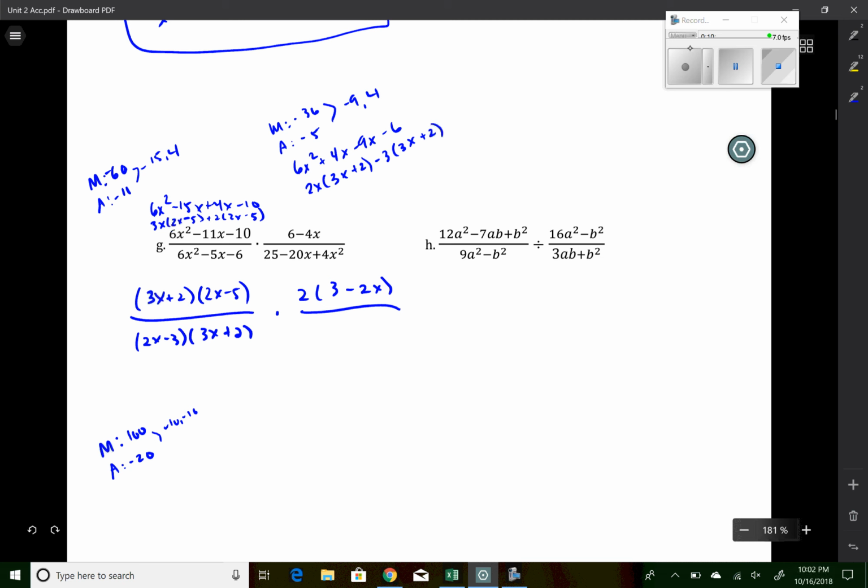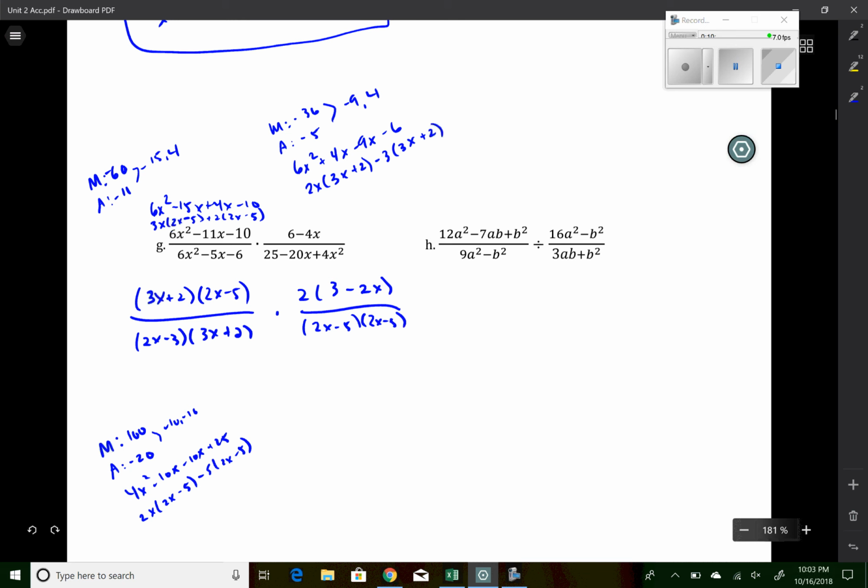So I'd have 4x squared minus 10x minus 10x plus 25. I just reordered it so it looked better. So I have 2x, leaving me with 2x minus 5. I have negative 5, 2x minus 5. So now I'm going to have 2x minus 5 times 2x minus 5.